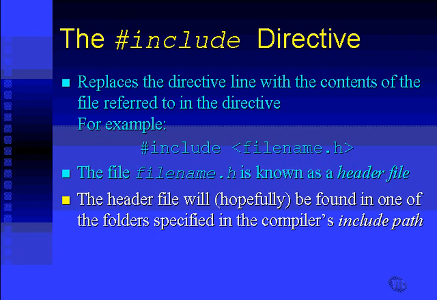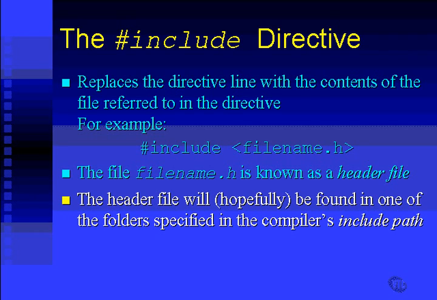Previously, hopefully, the compiler will have been configured such that it knows where to look for files ending in .h. There is a sequence of directories or folders that the compiler will look in order to try and find filename.h. And there could be one folder or directory in this list, or there could be a dozen, well, a dozen is somewhat unlikely.